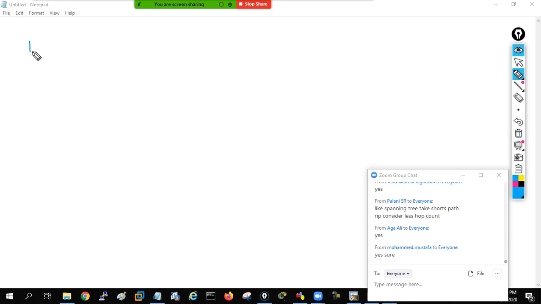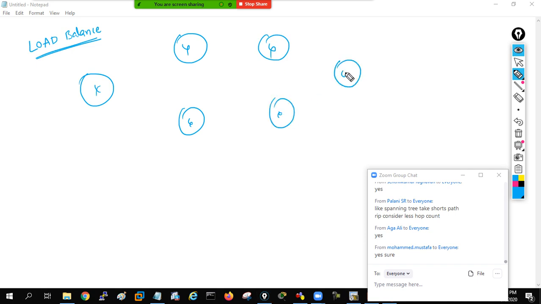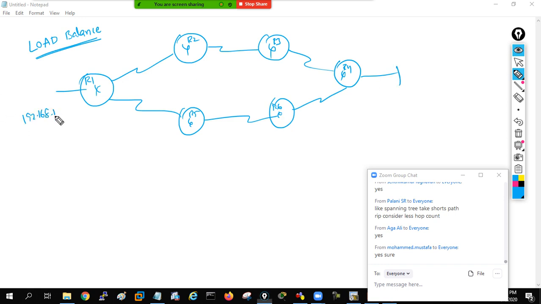Now the second thing is load balance. For example, this is your router 1, router 2, router 3, router 4, router 5, router 6, and here there is a network 192.168.1.1, let's say, and here 192.168.4.1.